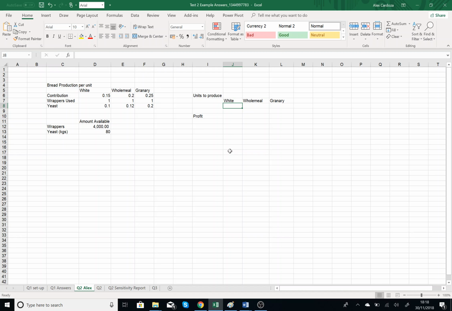what you need to look at is you need to link however many units. So this is going to be your units to produce, yeah. So what you're going to do is you need to put this, yeah.